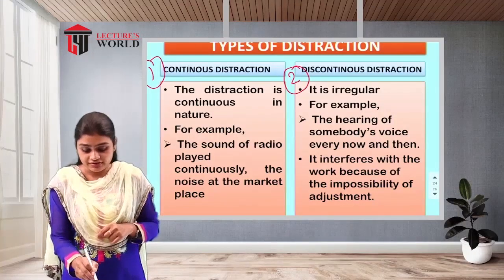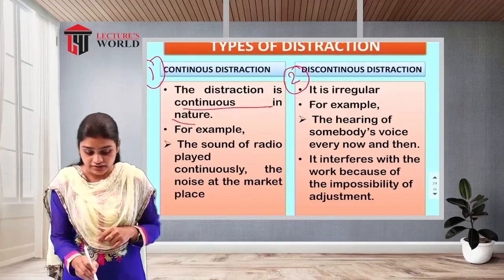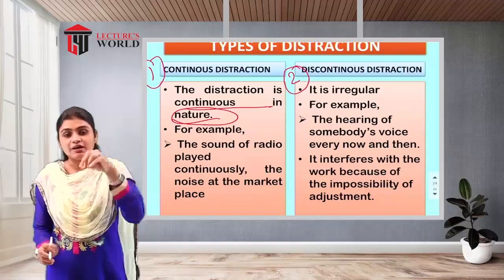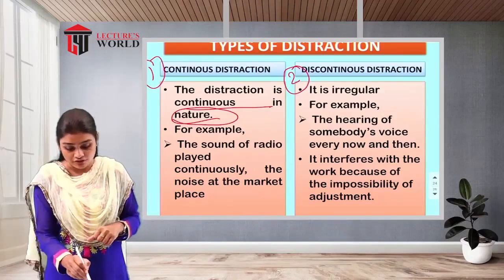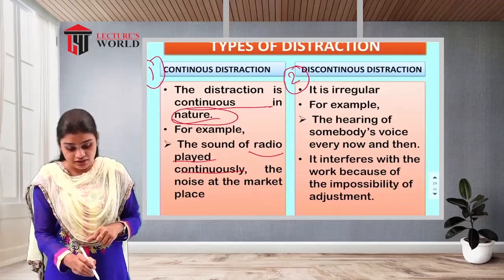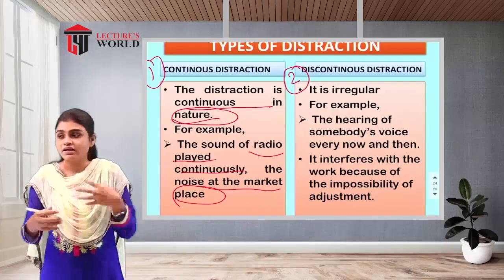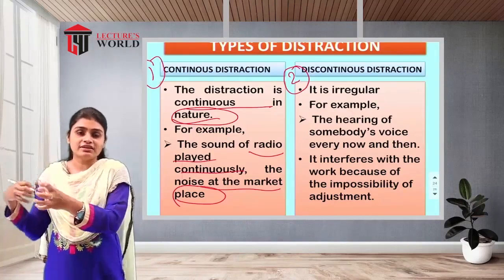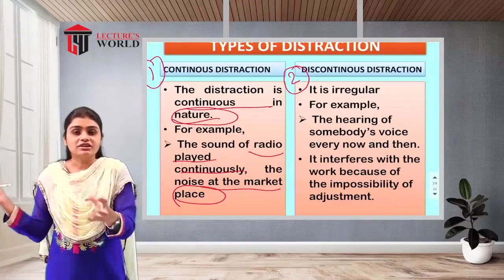The distraction is continuous in nature. The sound of a radio played continuously, the noise at the marketplace. For example, I am living in an area where there is a vegetable market nearby, so obviously there will be too much noise and disturbance, but that is a continuous thing.